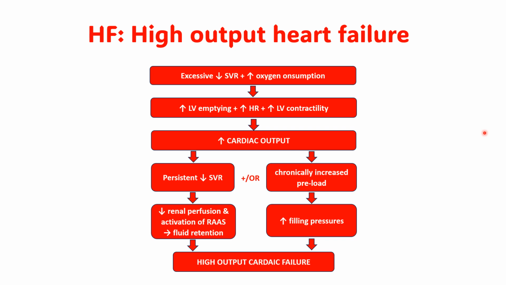In thyrotoxicosis, there's hypercontractility of the myocardium because of the increased circulating T3 and T4. You have volume overload, an increased heart rate, and a reduced systemic vascular resistance due to the increase in waste products of metabolism.